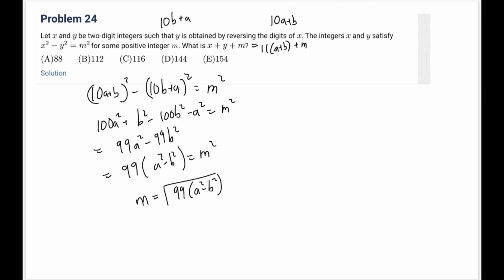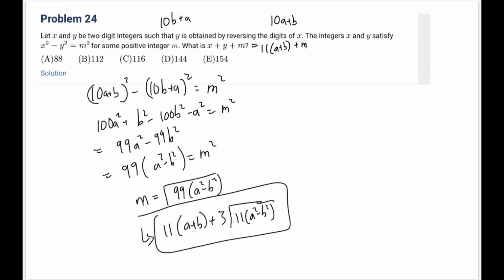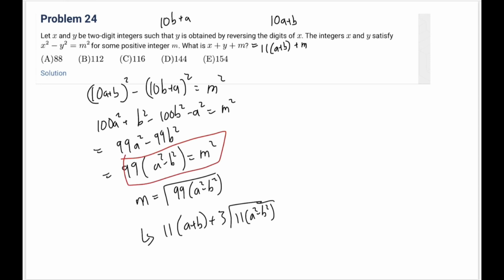What is x plus y plus m? It's 11 times a plus b plus 3 root 11 times a squared minus b squared. This is what we want to get, but let's go back to here, and if we split these up, this equals 9 times 11 times a plus b, a minus b.